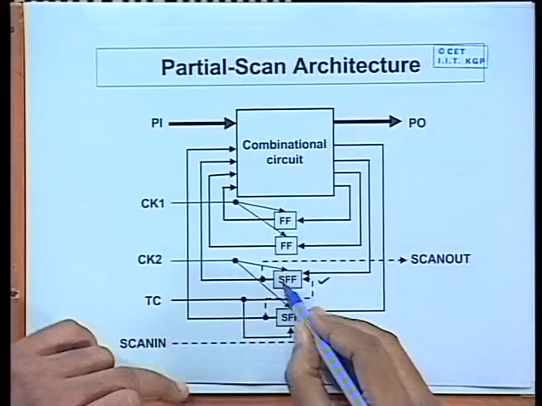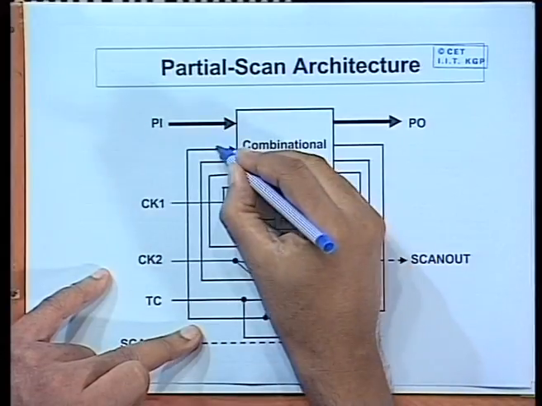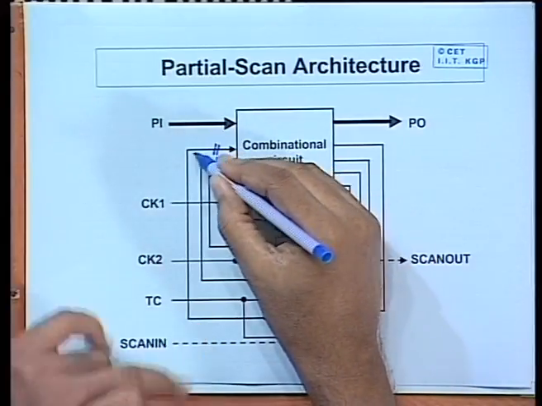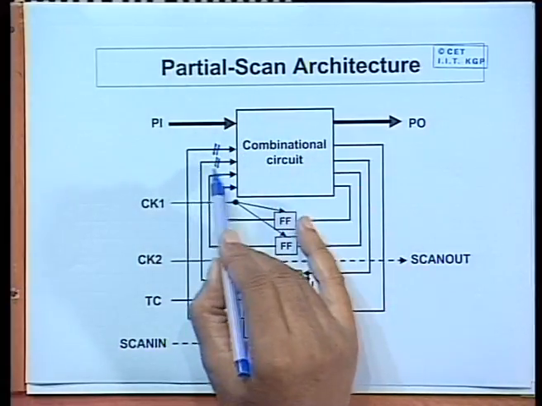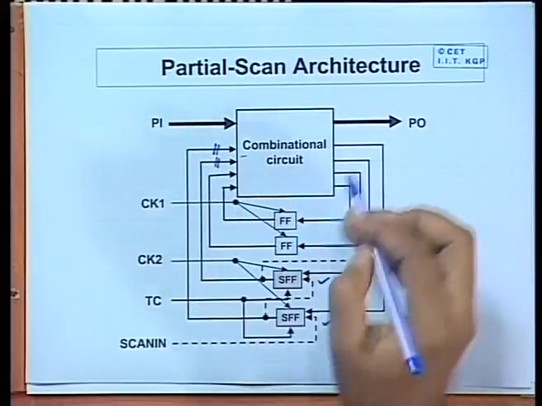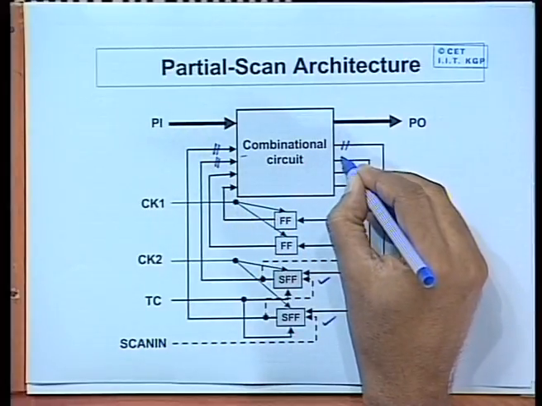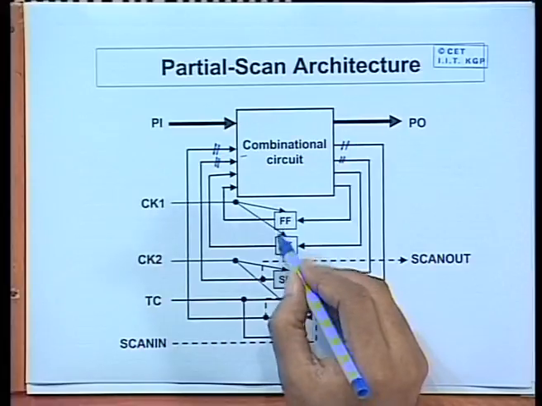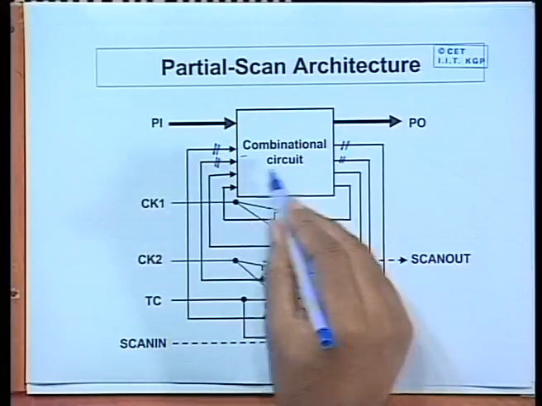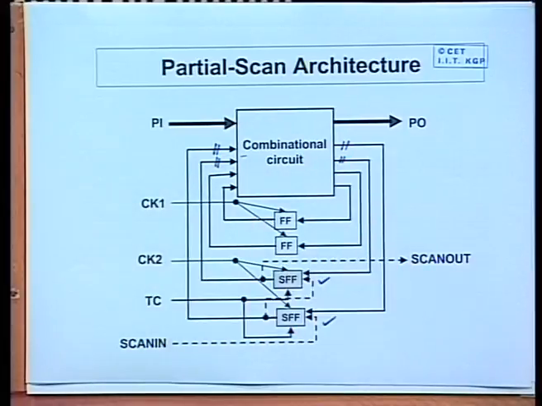So, for these two flip flops, this and this, you can treat that these are part of the primary inputs. Similarly, these two outputs. But for the other two, they still remain a conventional sequential circuit.